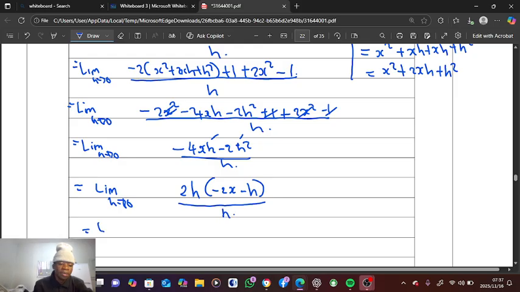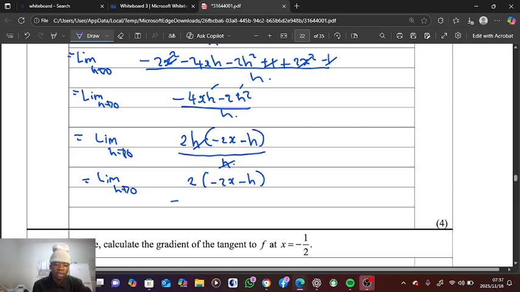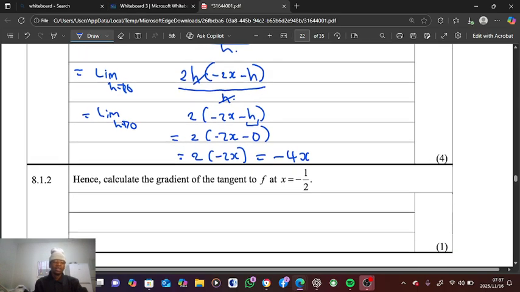The h cancels, and we have 2(-2x - h). When h approaches 0, it means we have 2(-2x - 0). Wherever we see h, we put 0. So this is 2 into -2x, which equals -4x. Then we are done with 8.1.1.